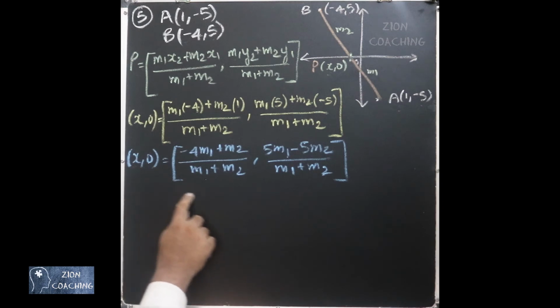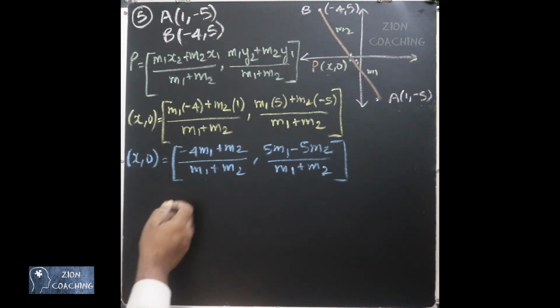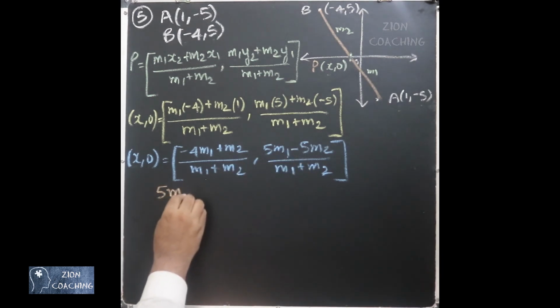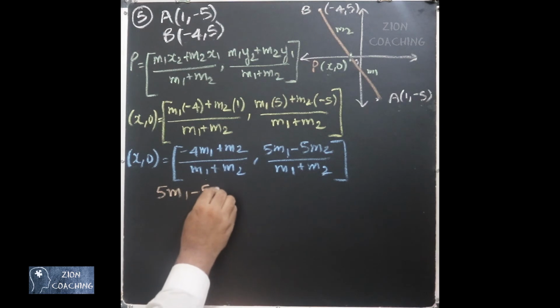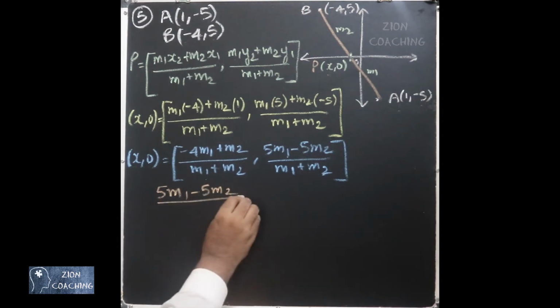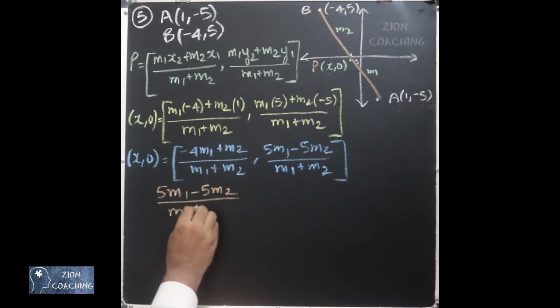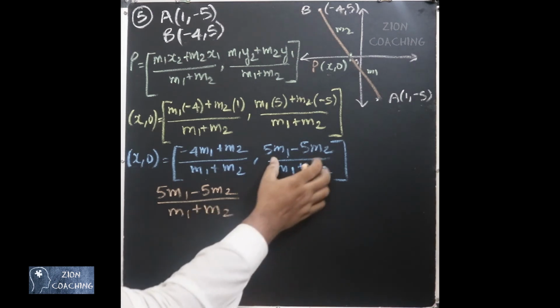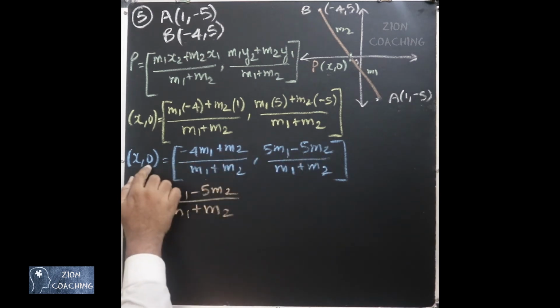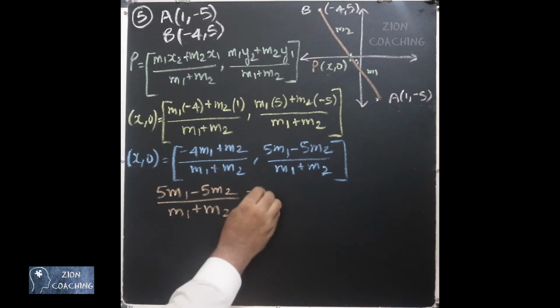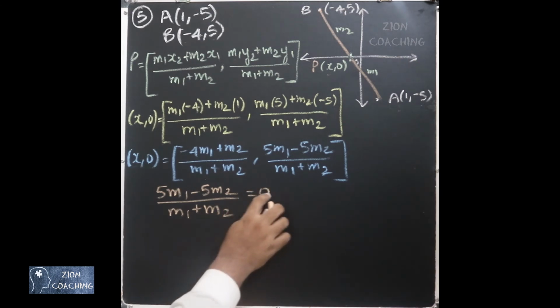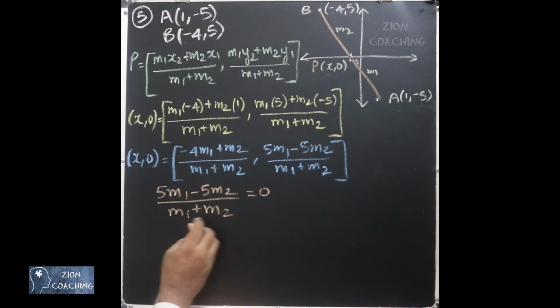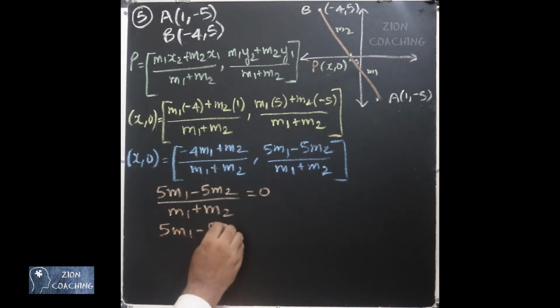So we have 5 m1 minus 5 m2 by m1 plus m2. This is actually your y coordinate, which is equal to 0. Now taking m1 plus m2 to that side, it gets multiplied with 0. So you will have 5m1 minus 5m2.